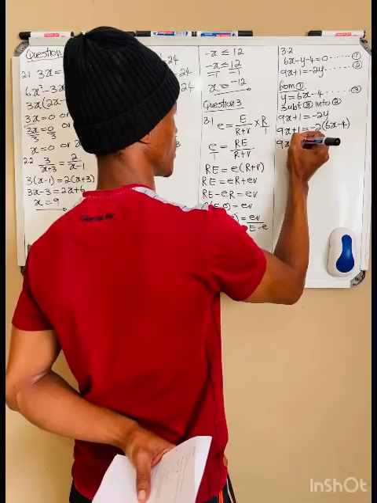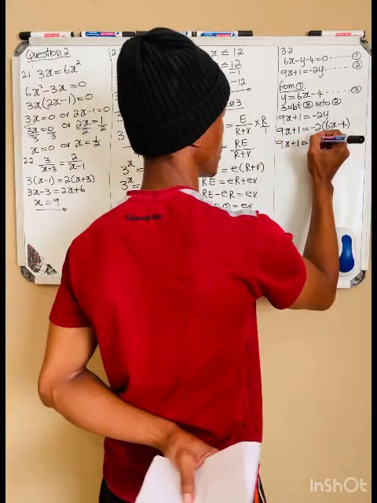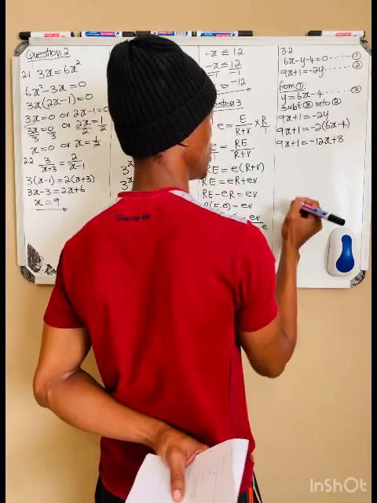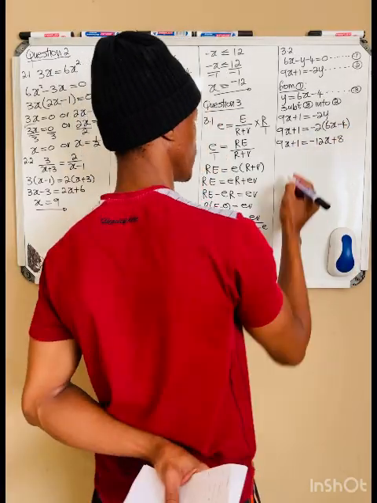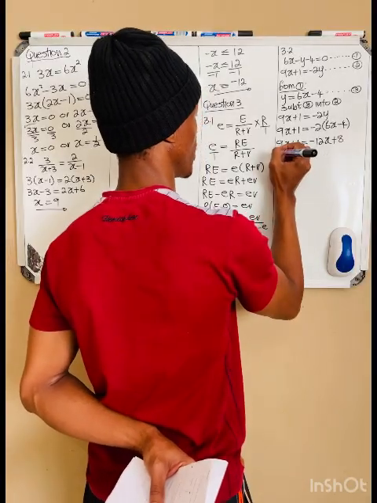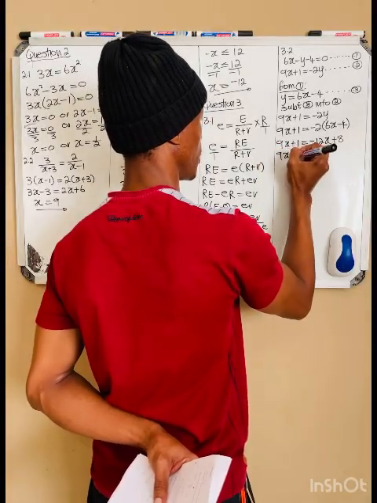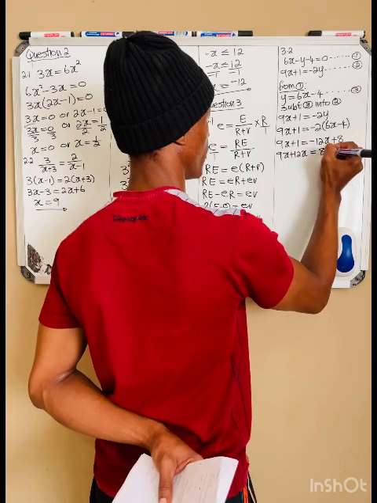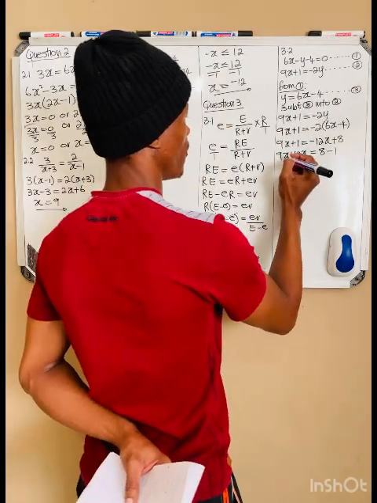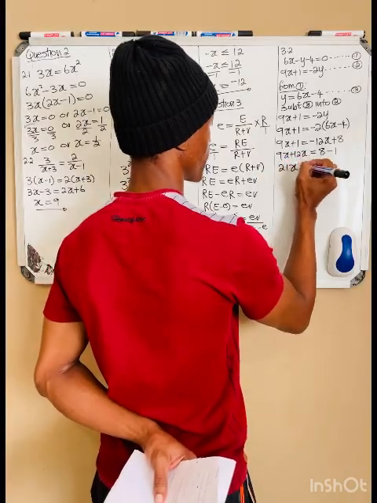So we have 9x plus 1 equals minus 2 times 6x, that's negative 12x, and negative 2 times negative 4 is positive 8. Then you take this to the other side: 9x plus 12x equals 8 minus 1. Then 9 plus 12 is 21x.